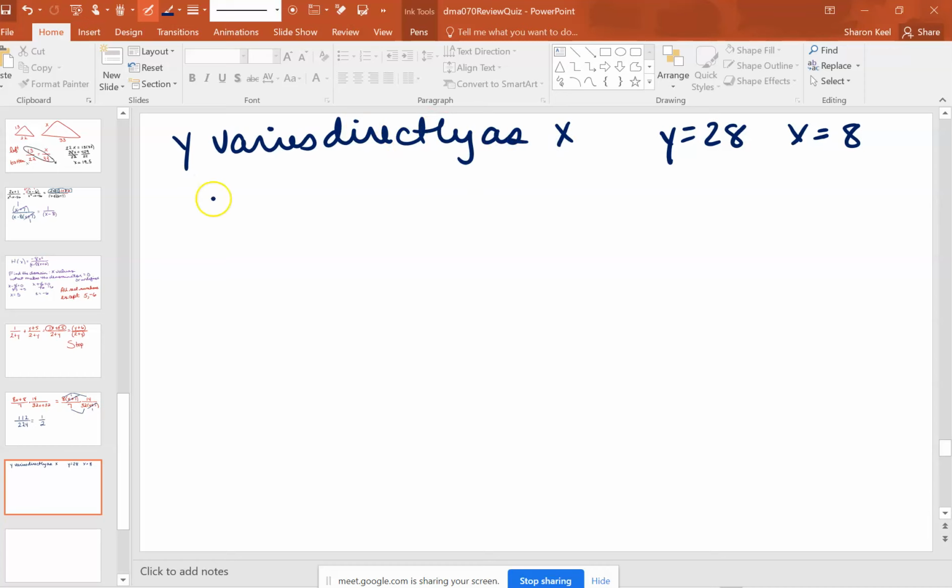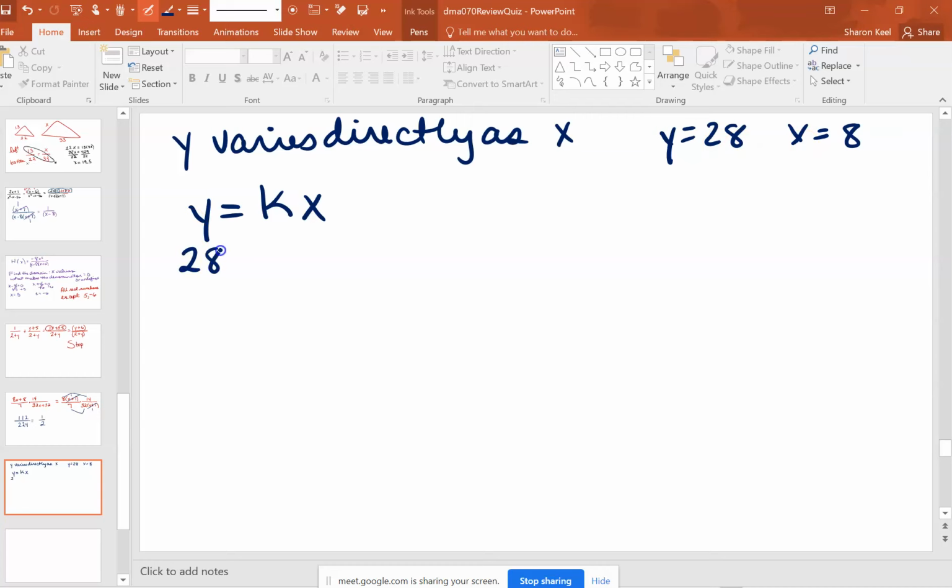The equation for direct variation is y equals k times x. This, I believe, is section 7. There are 3 variation equations: direct variation, inverse variation, and joint variation. On the test, you will have both direct and inverse. So write your equation. Then we're going to plug in the values for x and y.